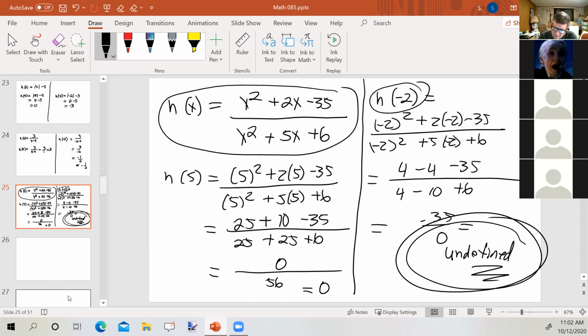That means that -2 is not in the domain of the function. If you put something into a function but you don't get something real out as the output, then what you put in is not an acceptable input. It's not part of the domain.